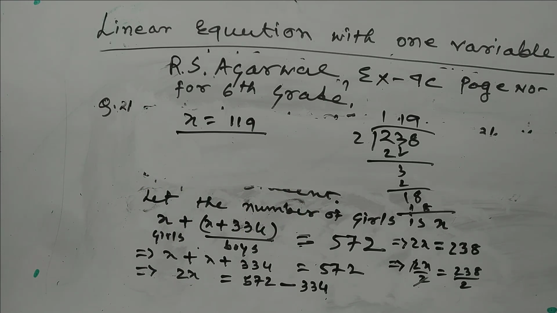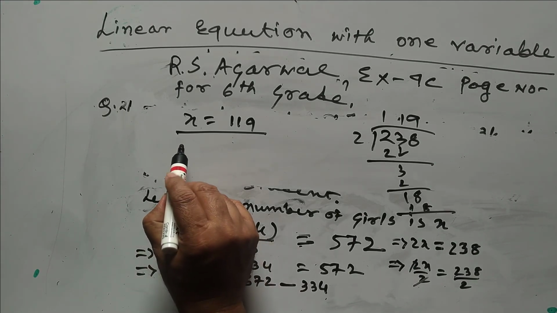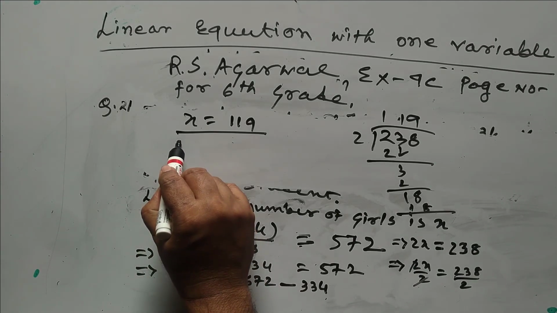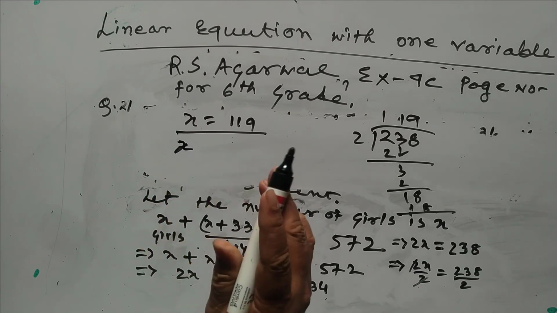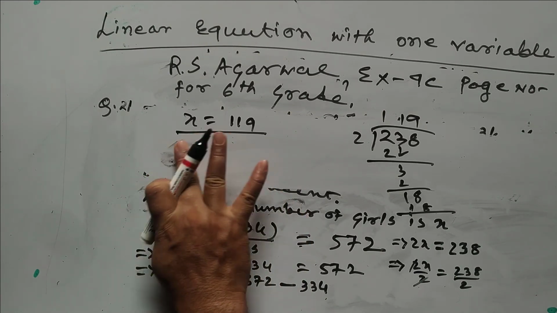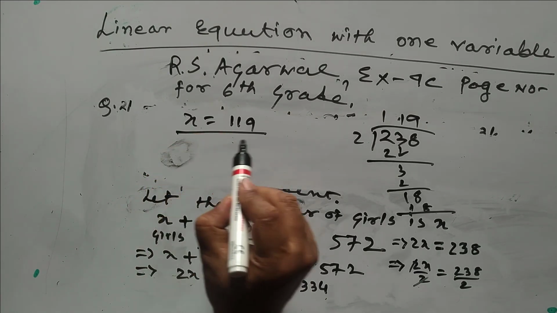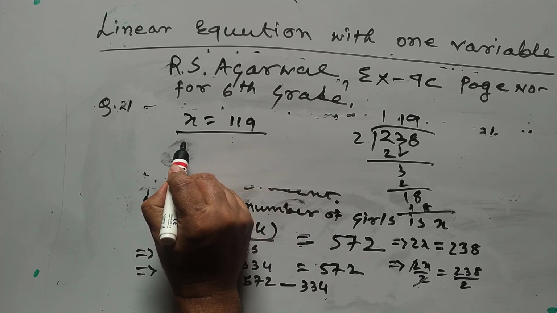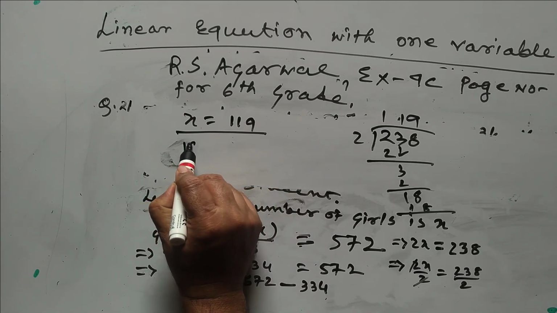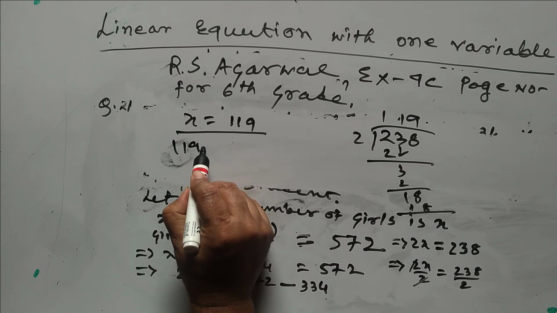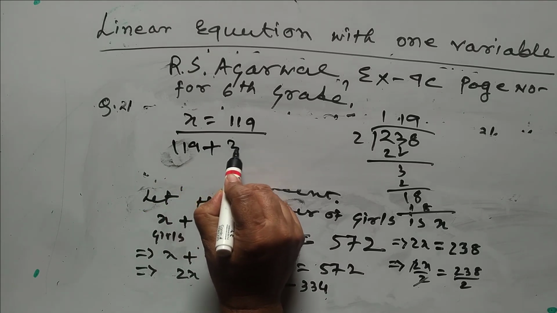And the number of boy students is 334 more. So 119 plus 334.